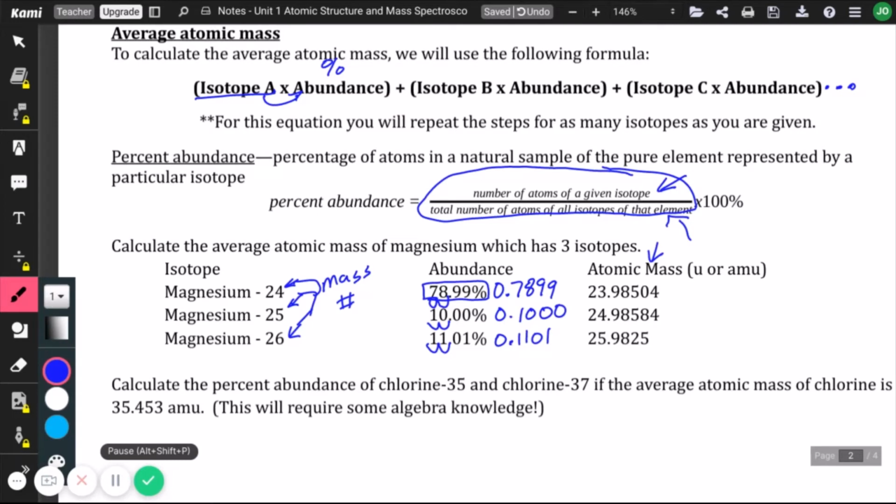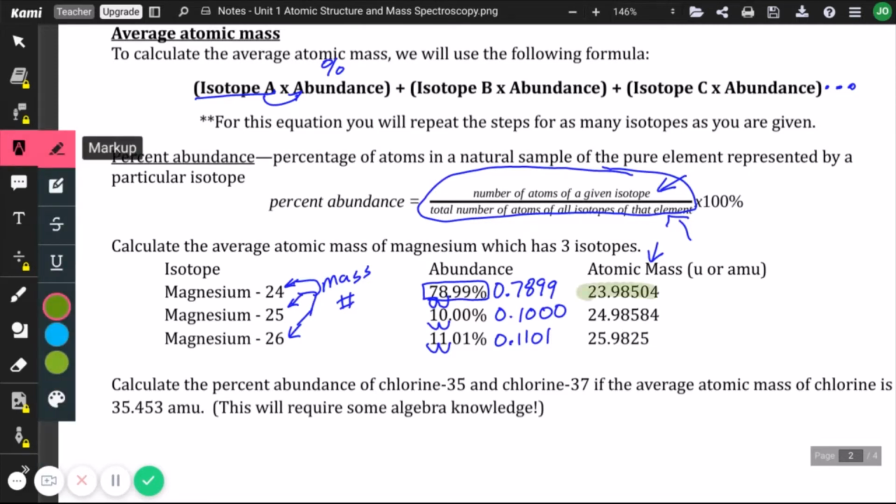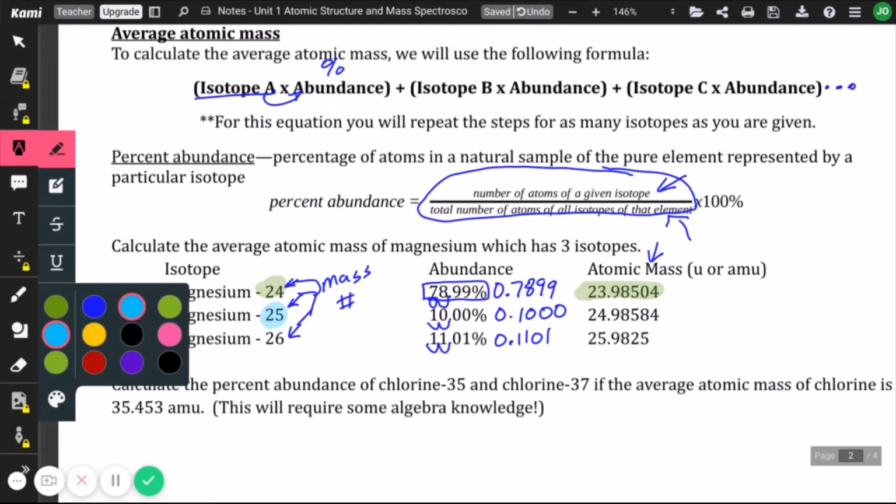So yes, magnesium 24 theoretically has 12 protons, 12 neutrons, and so we've got the mass to equal 24, but again, technically, it's a little bit different. So sometimes they'll give you the actual atomic mass, and that's what we see right here with the 23.98504. If they give you your actual mass, that's the one that you should use.